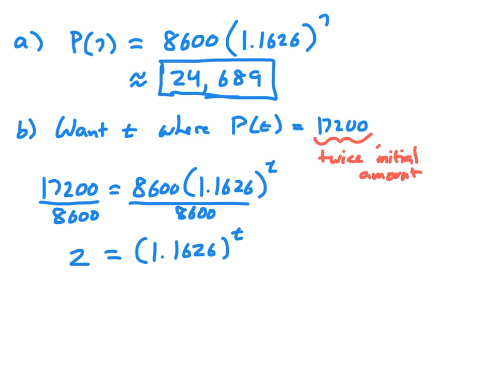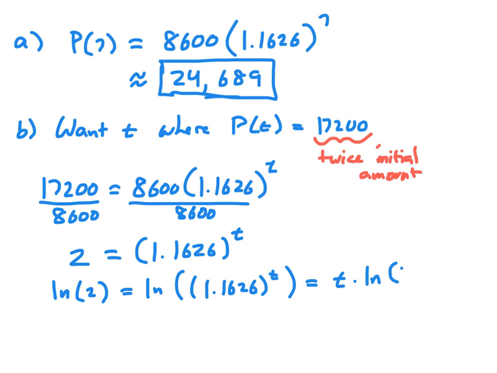We have the variable in the exponent. So again, we can take a logarithm. Again, I'll take a natural log here. So this will be natural log of 2 equals the natural log of 1.1626 to the t. Using log properties, we can bring that t down. So this will be t times the natural log of 1.1626.